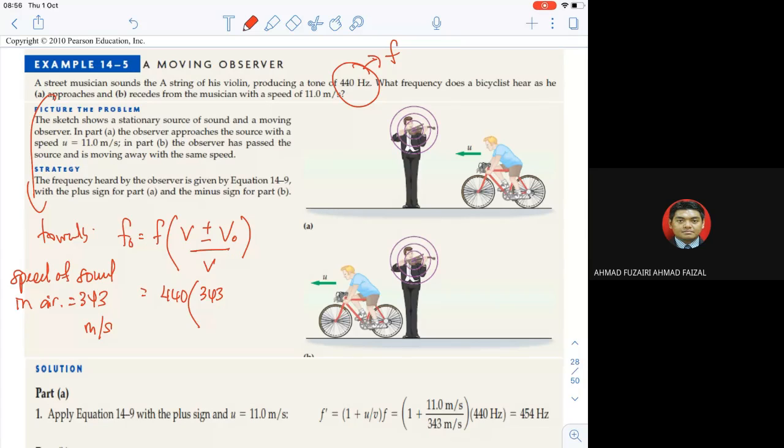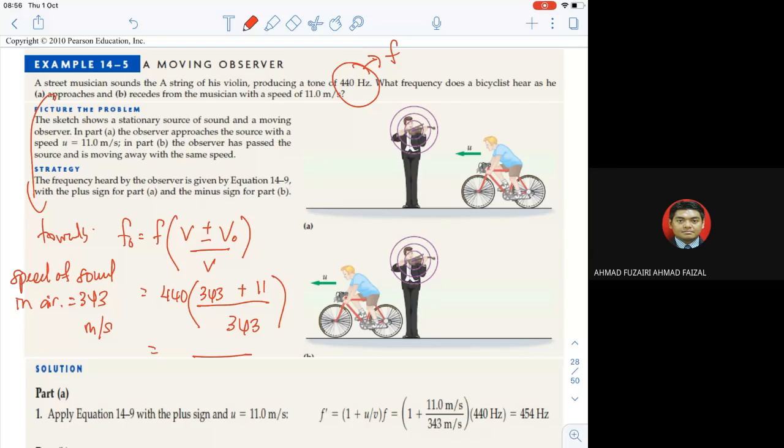Moving towards is plus, V naught is 11, divided by 343. Now you will have a certain value. It is quite simple.